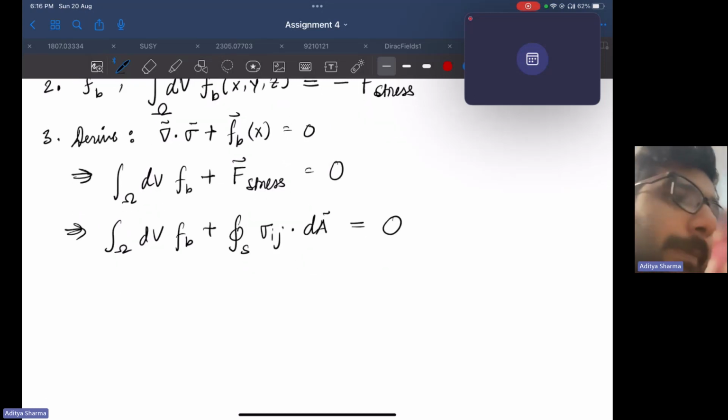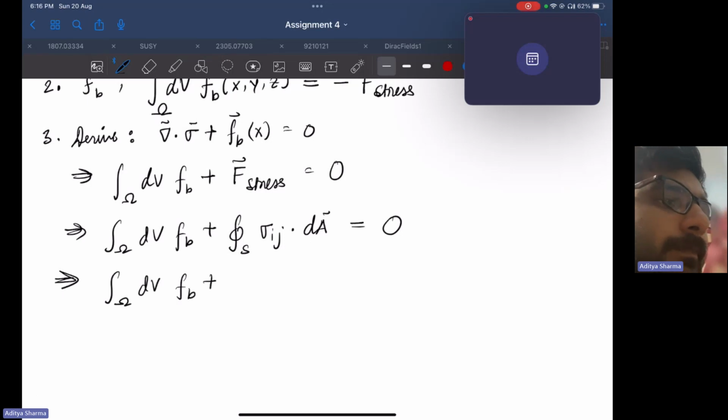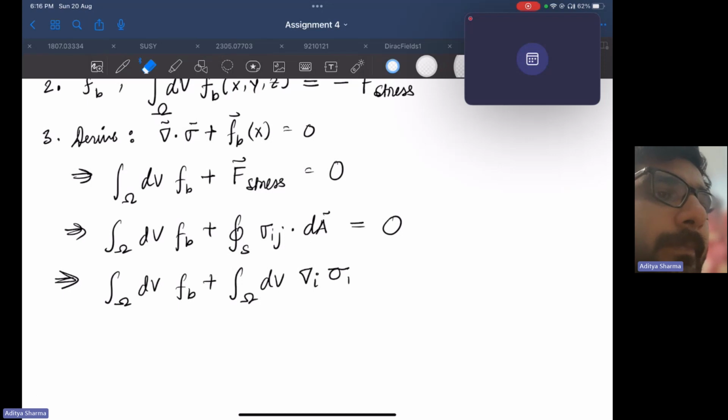Now use the divergence theorem to get such a term.